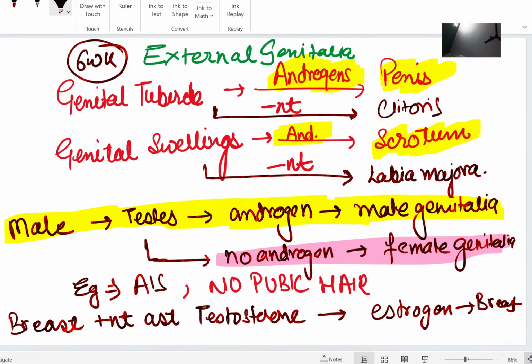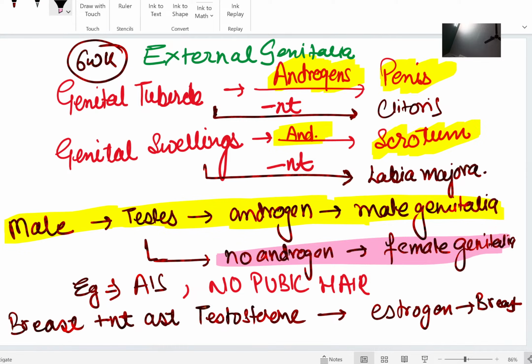Okay, now tell me whether pubic hairs are present or not. They are absent because pubic hairs are due to the presence of androgens. Androgens are present in androgen insensitivity syndrome, but they are not acting. So the hairs will not be formed. Right? So, is the breast present or not in androgen insensitivity syndrome?